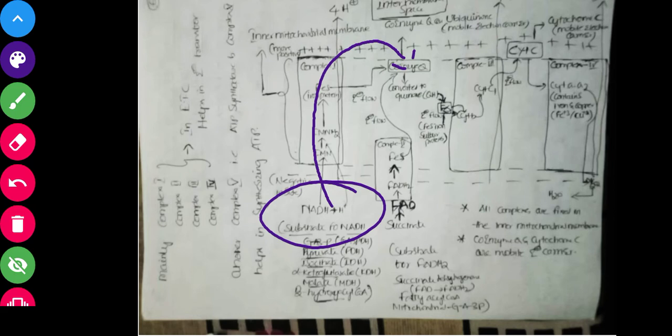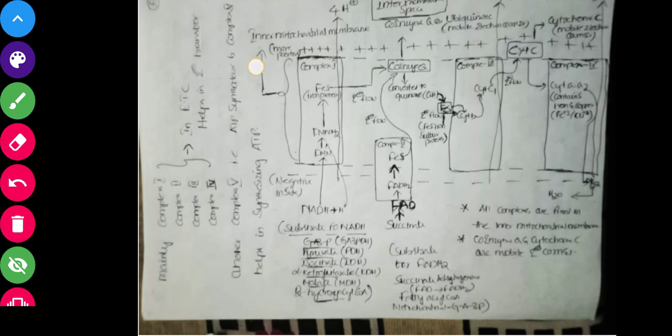One thing you have to observe: complexes 1, 2, 3 and 4 are situated in the inner mitochondrial membrane. They are fixed there, and even complex 5 is fixed in the inner mitochondrial membrane.